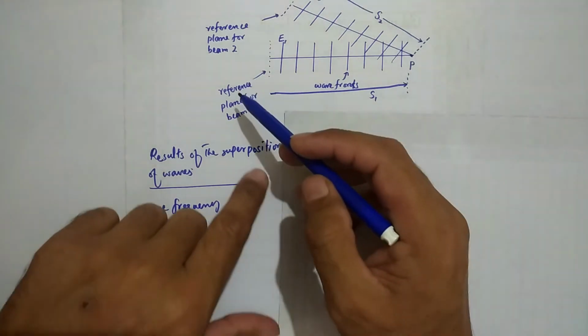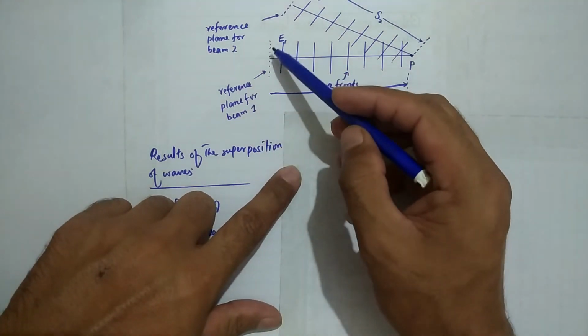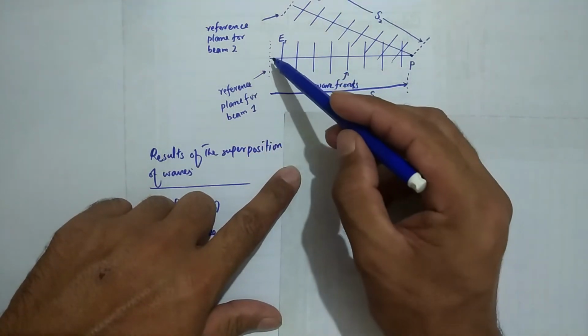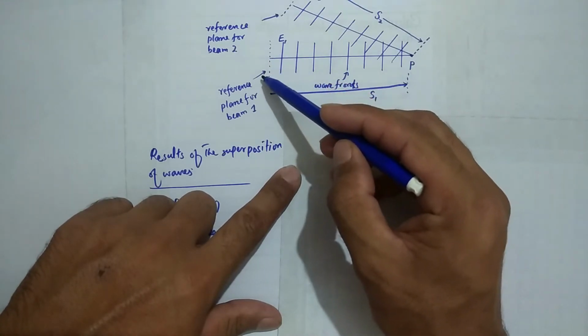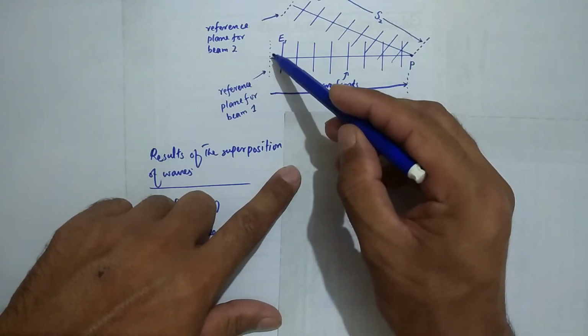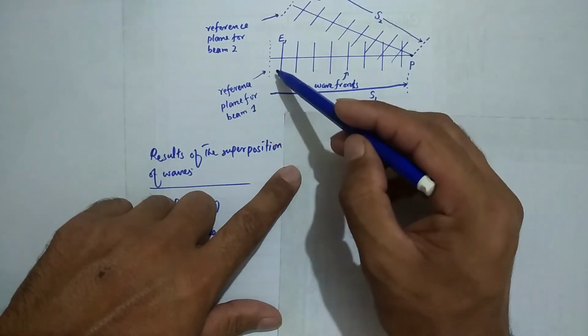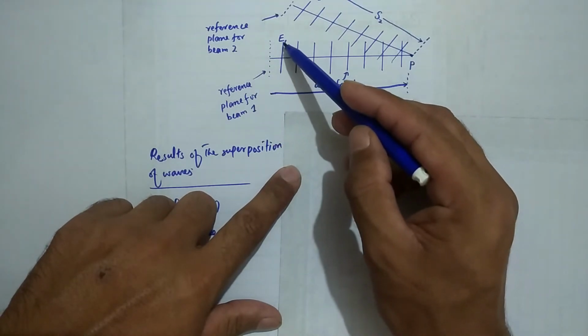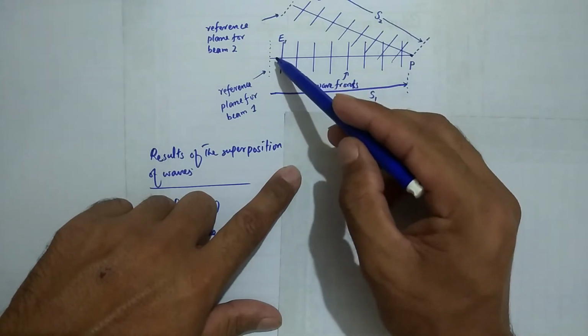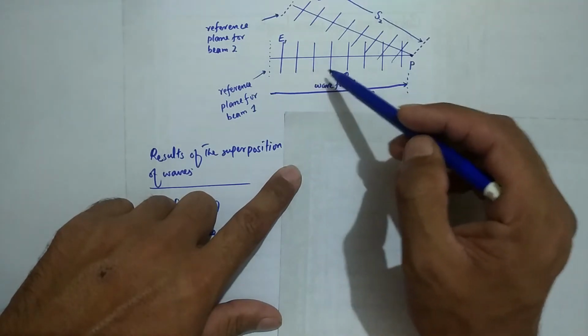For example, let us consider we have two optical waves or electromagnetic waves. The first wave is starting from this point, which is the reference plane for beam 1. The amplitude of this wave is E1 and these vertical lines are the wave fronts.